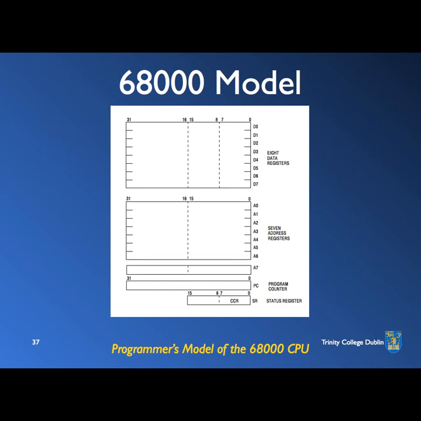And on the 68,000, it goes up to 16,777,215. For your information, that's 2 to the power 24 minus 1. As we'll see later, we'll talk a bit more about it. And each location holds 1 byte of information. So we would say that the 68,000 is byte addressable.